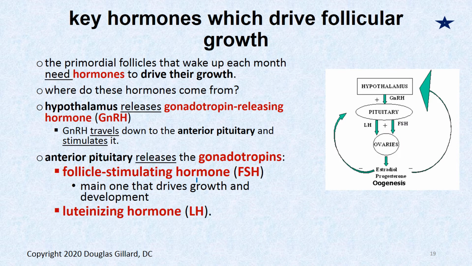Okay, what about some hormones? Primordial follicles that wake up each month need hormones to drive their growth. Later on, that's not true, but when they're first waking up, it's a hormone-dependent event. Remember, when a girl starts her period, the pituitary releases FSH and LH. Who signals the pituitary? Something called gonadotropin-releasing hormone. So the clock is in the hypothalamus. What tells the hypothalamus it's time to make the female go through a menstrual cycle?